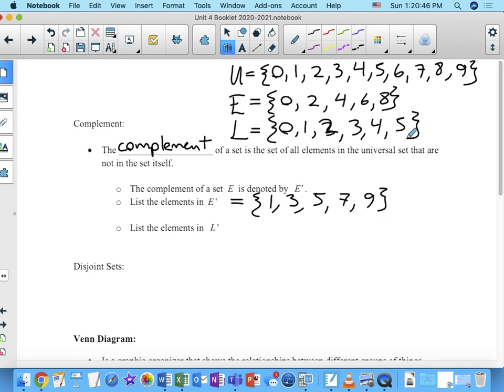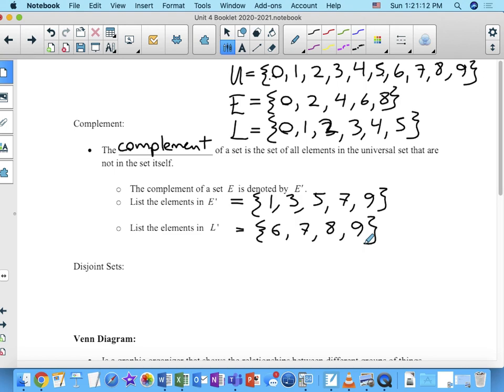Okay, well then L complement is going to be everything else. So if you think of L being from 0 to 5, then L complement is the rest of it, from 6 to 9. Okay, so that is what the complement is.